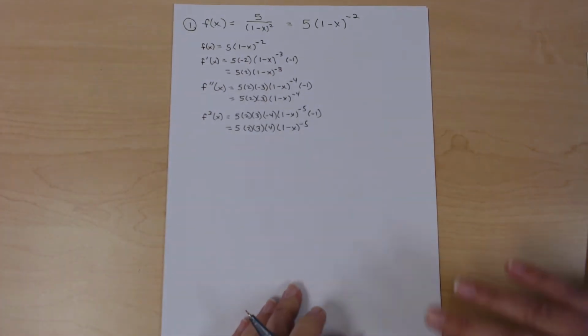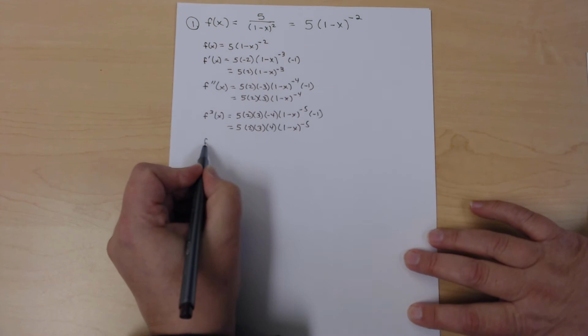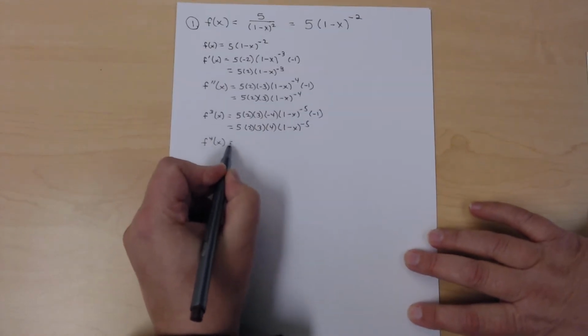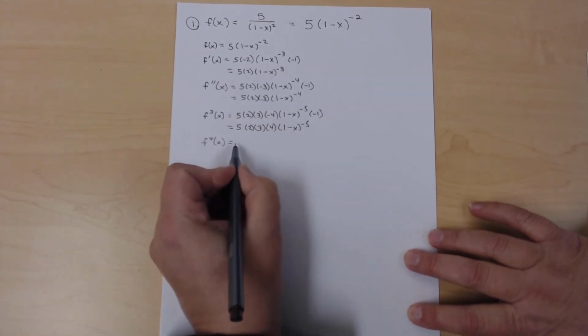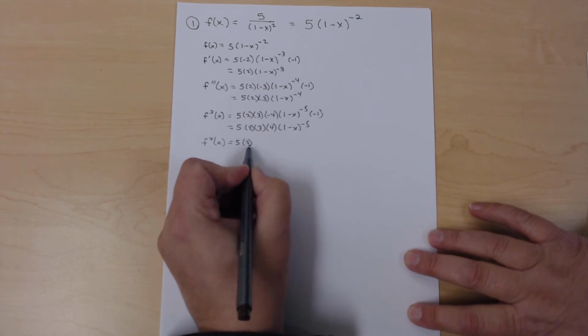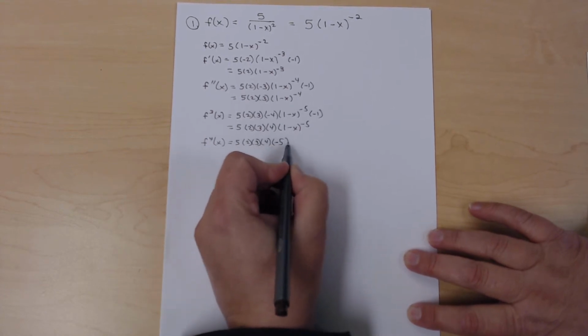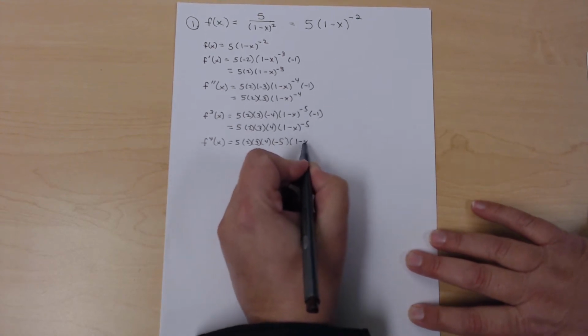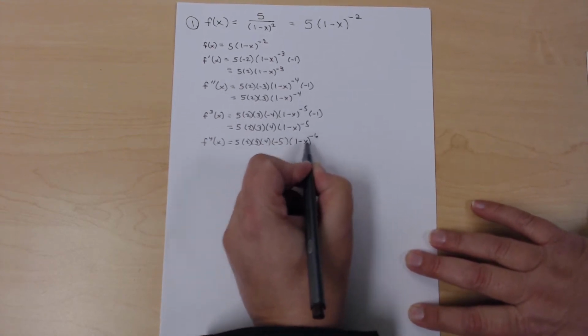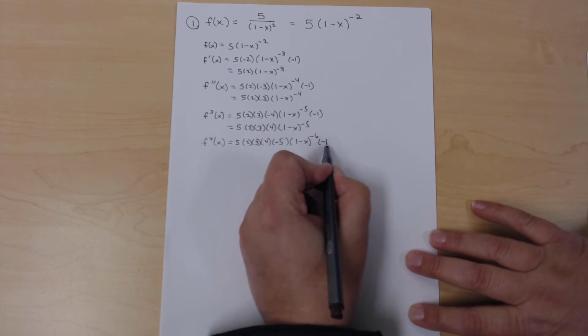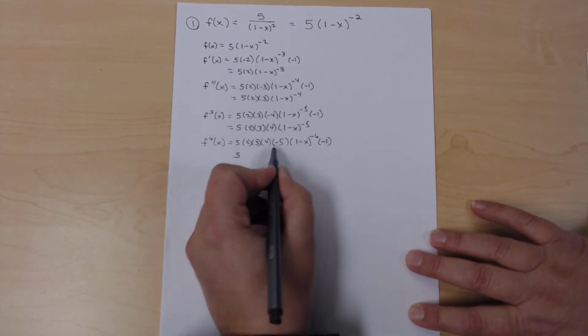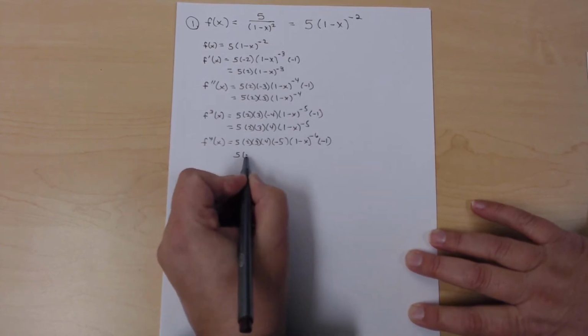If we do one more, the fourth derivative, I think that'll be plenty. Roll it down, so 5 times 2 times 3 times 4 times 5, (1 minus x) to now the negative 6, but I had to multiply by the derivative of the quantity, which takes these two negatives to positive.